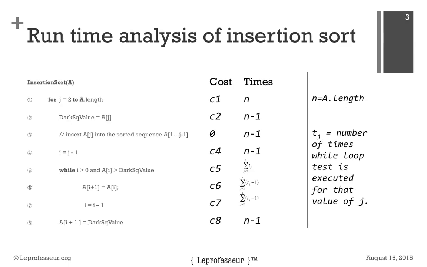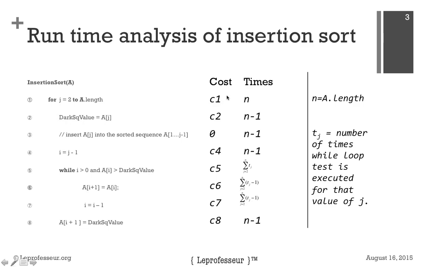So for example, for the insertion sort, we're going to sum all the times. The total time for, say, line number 1 would be C1 multiplied by n. C1 is the unit cost of one execution, but this statement will be executed n times.